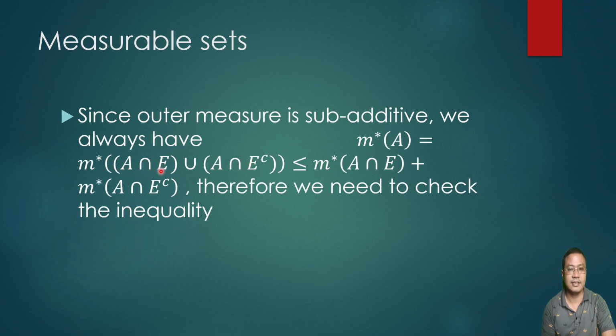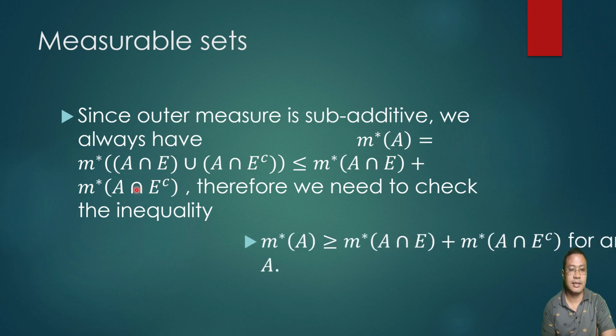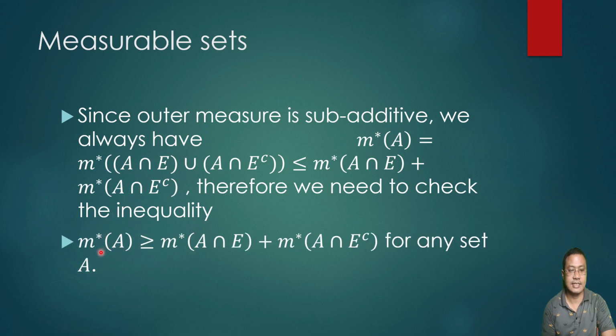Therefore, outer measure of A is less than or equal to the sum of outer measure of A intersection E plus outer measure of A intersection E complement. This is always true for any set A. So it is sufficient to prove the other inequality only. In order to show that E is measurable, we have to show M star A is greater than or equal to M star A intersection E plus M star A intersection E complement for any set A.